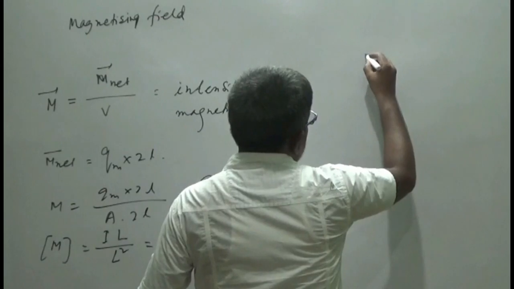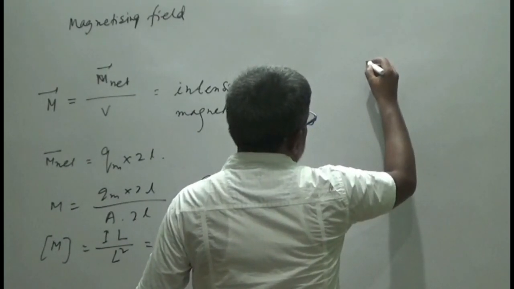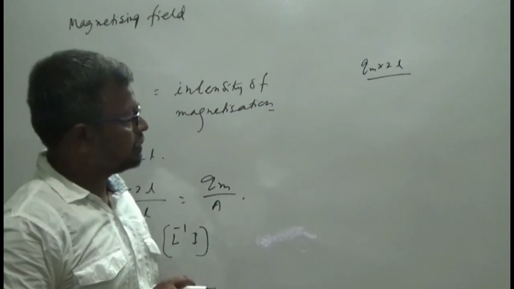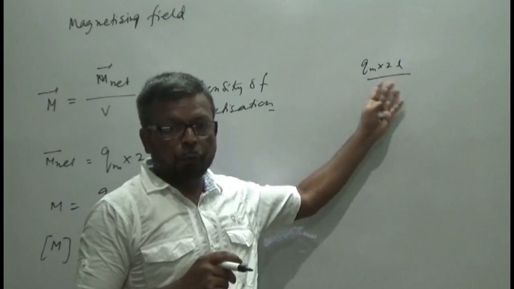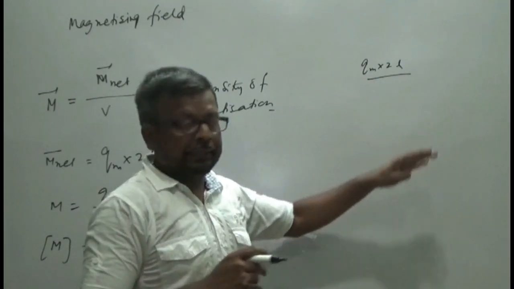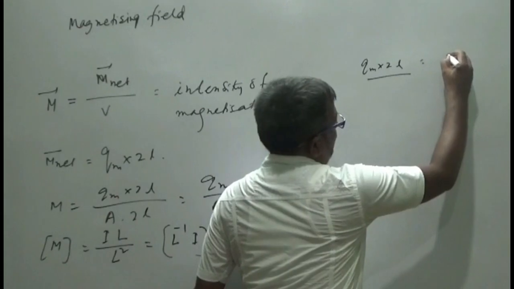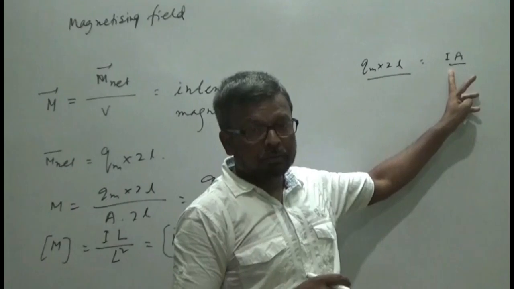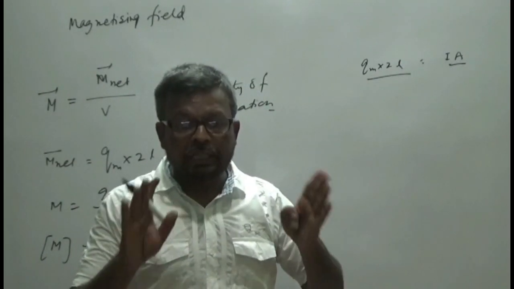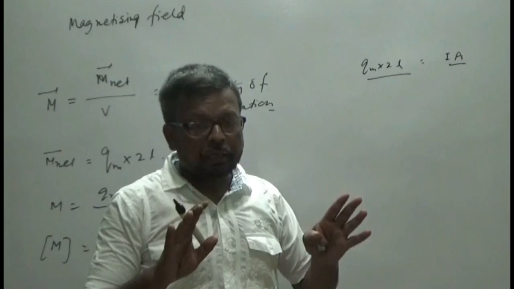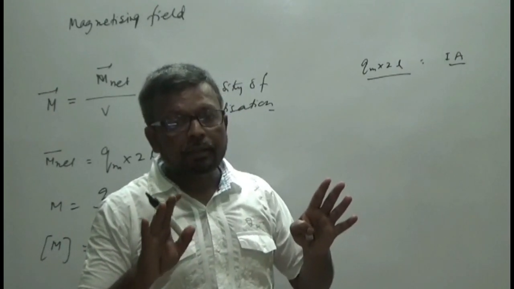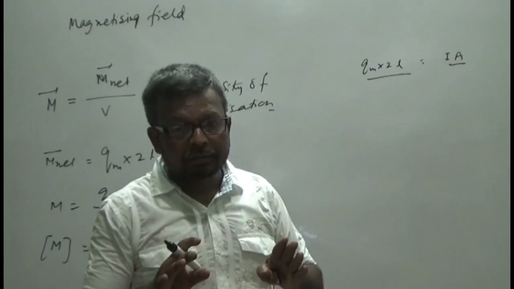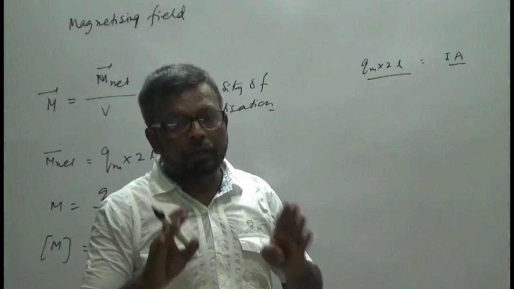See here, qm into 2l. What is this? This is the magnetic dipole moment of a magnet, and that is equal to I into A. A magnetic dipole is equivalent to a current carrying loop, and the magnetic moment of a current carrying loop is current into area of the loop.